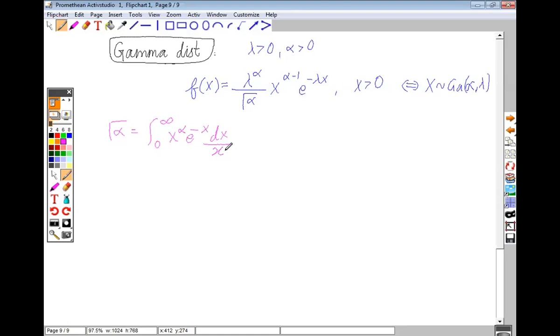Can you see the relation between this gamma function and the PDF of the gamma distribution that I have written on the board? Are there any similarities? What were the discrepancies? Basically, can you see something happening over there?